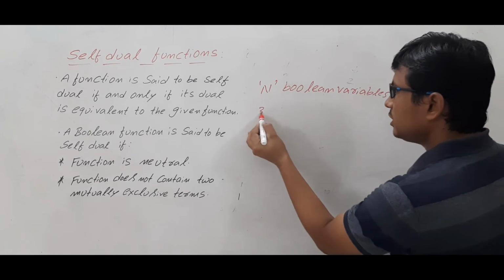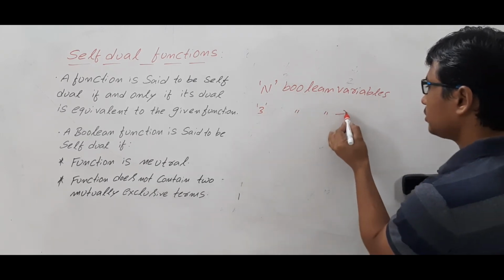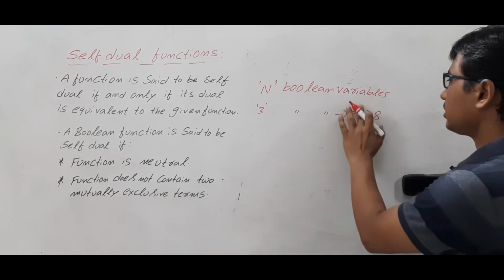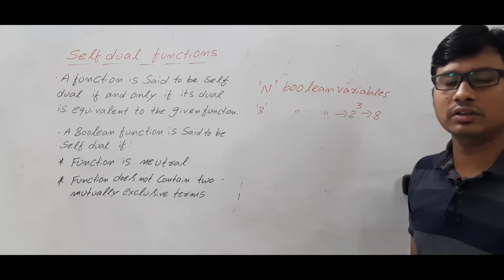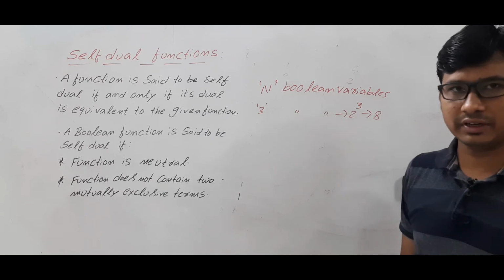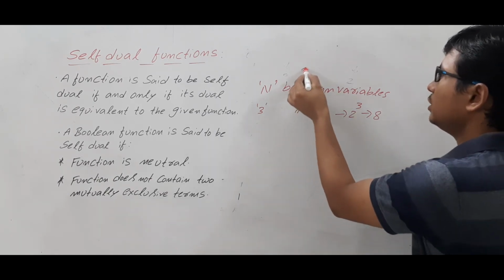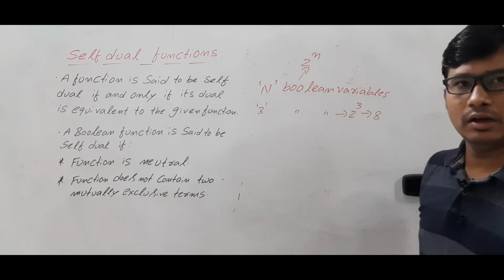When we have 3 Boolean variables, how many combinations are possible? 2 power 3, 8 combinations are possible. Will you agree with me or not? Just now we have discussed. For A, B, C, we got the 8 combinations from decimal number 0 to 7. Am I right? So similarly, if you have n Boolean variables, you will have 2 power n. Is it clear? Are you able to understand?